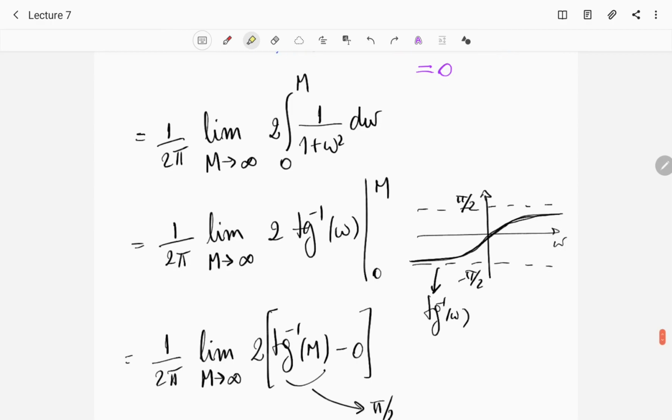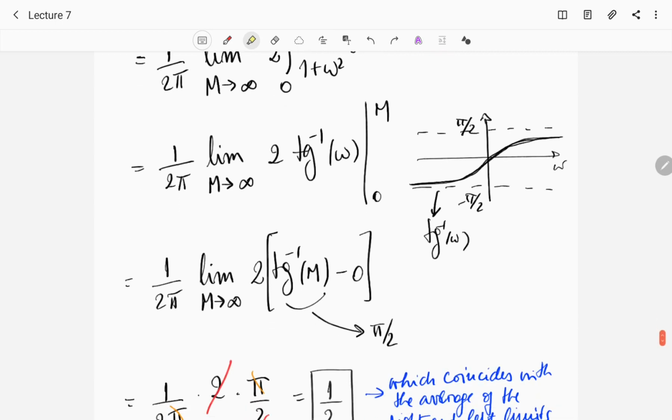Now, this function appeared in the previous lecture, and we already know this integral is the inverse tangent function of omega, which we have to evaluate at m and 0. For any m, we just have this number, but if we make m go to infinity, this function goes to pi over 2.